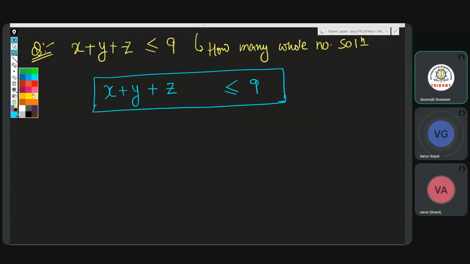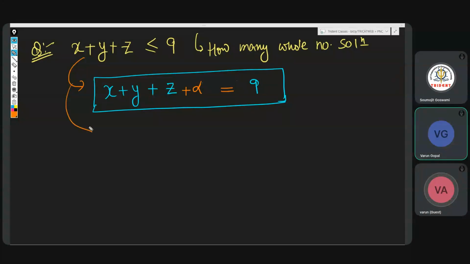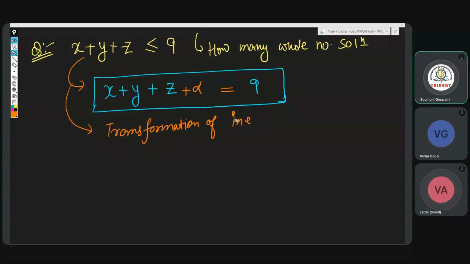I am giving you, let's say, an algorithm, and that algorithm is as simple as that. Just add one more variable. The moment you add the variable, this becomes an equal to. Transformation of the logic I will give you in a different class, because I need a couple of questions to solve to give you the logic.